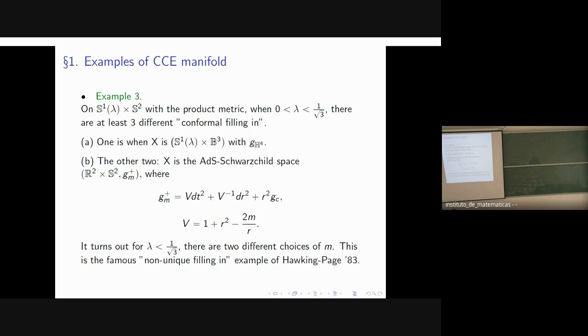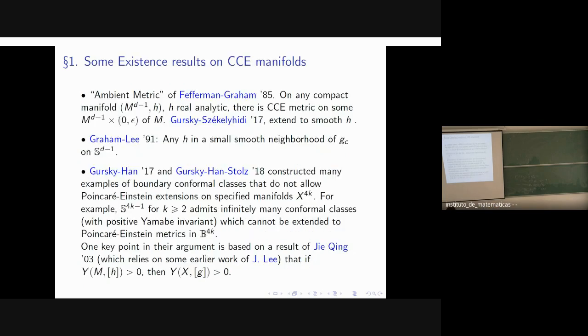Okay, and given that, let me say a bit about the general existence result. So there are special examples for special cases, but for a general existence result, actually we know very little. The fundamental paper is the paper by Fefferman and Graham in '85. They call it the ambient metric construction. Their construction is, given M of dimension d minus 1, they actually add 2 dimensions and it becomes a Minkowski space, but a slice of it is what I'm describing.